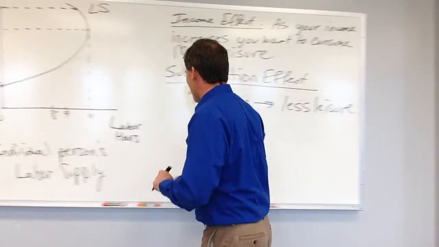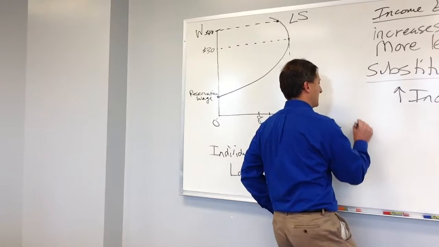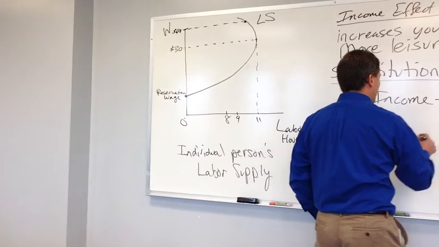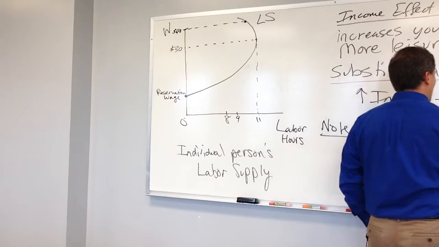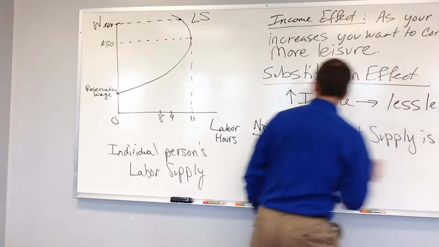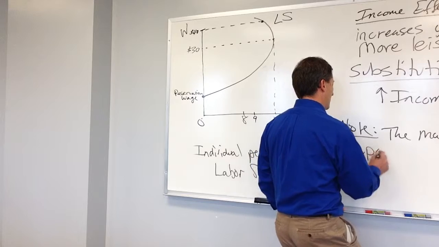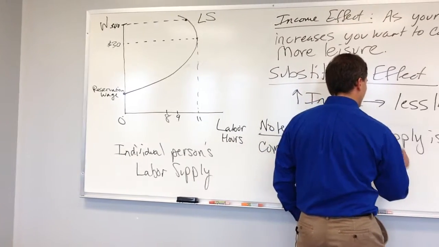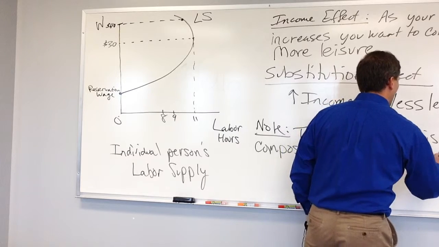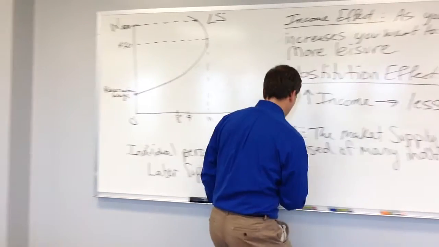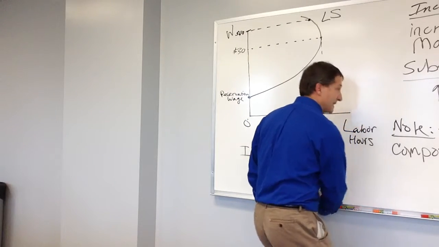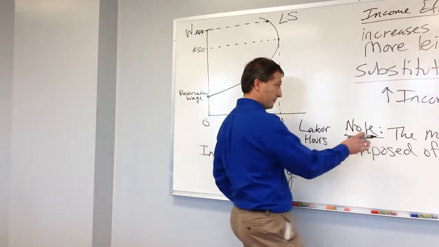All right, so for the market, I want to put this extra note here. The market supply is composed of many individuals, and I should say many different unique individuals.